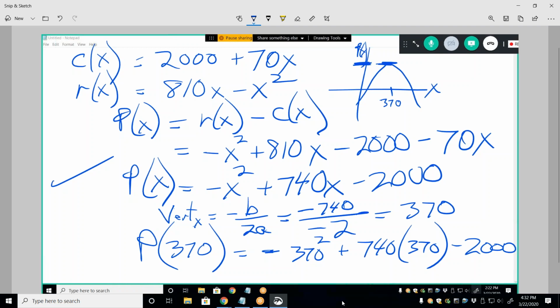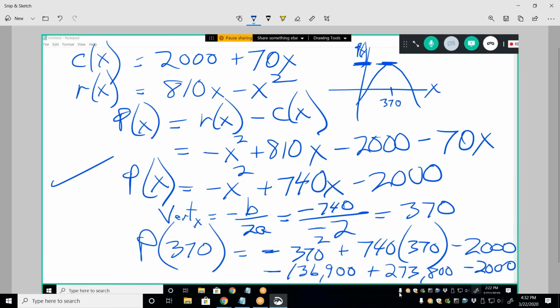Square just 370 and then retain the minus sign. What's that? 136,900. And then what's 370 times 740? 273,800. And then we still have minus 2,000.